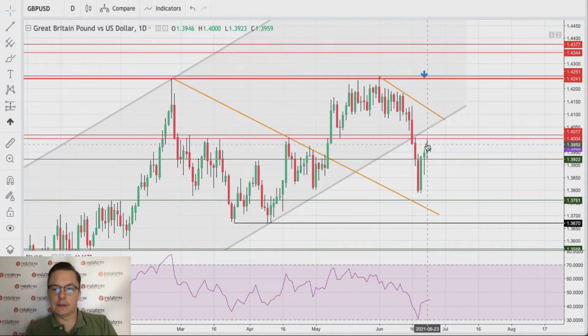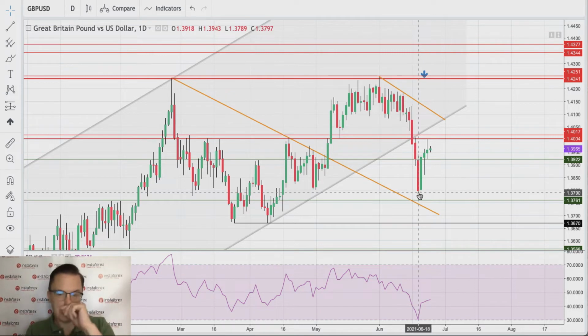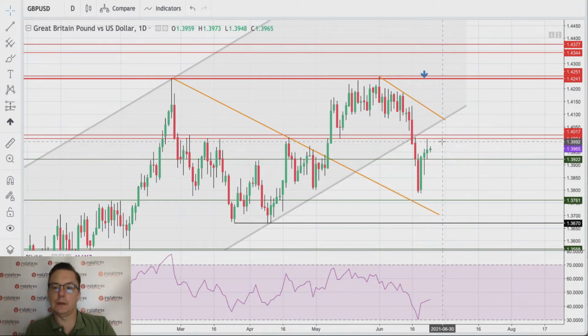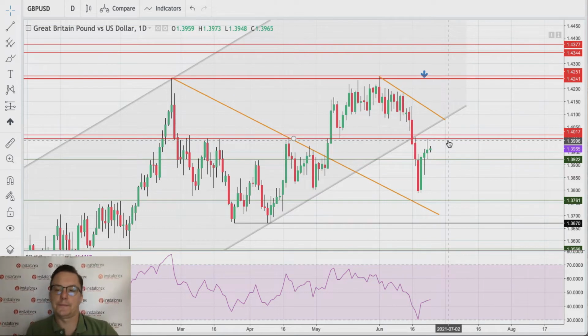So this is the long shadow here. So we have a first clue that some supply has entered the market and is selling the strength right after this bullish engulfing pattern. So right now the best thing is to wait for the market reaction on the Bank of England interest rate decision.